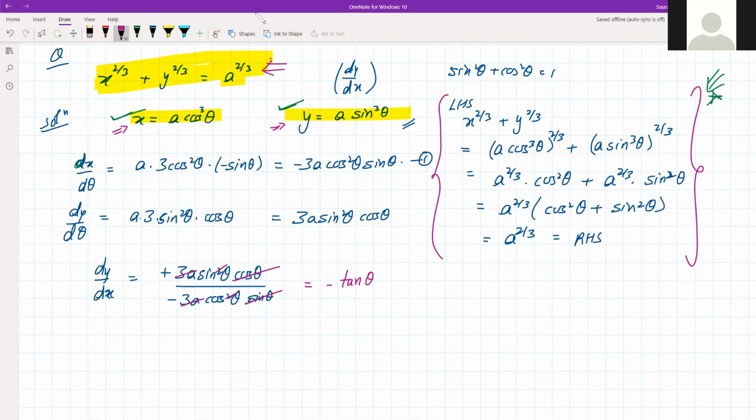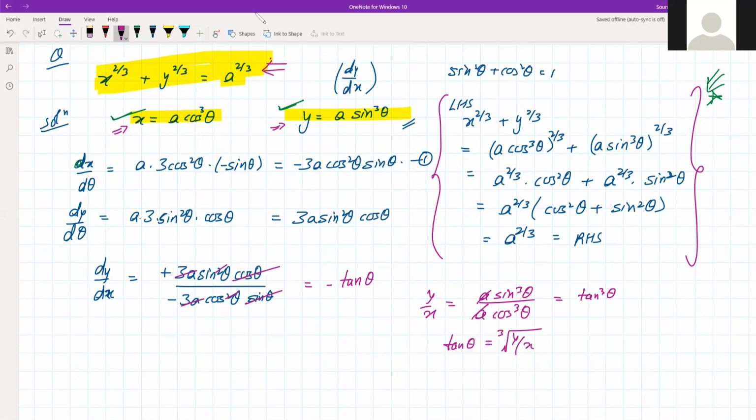What will y by x be? From there, y by x is equal to a sine cube theta divided by a cos cube theta, that is tan cube theta. So tan theta is the cube root of y by x.